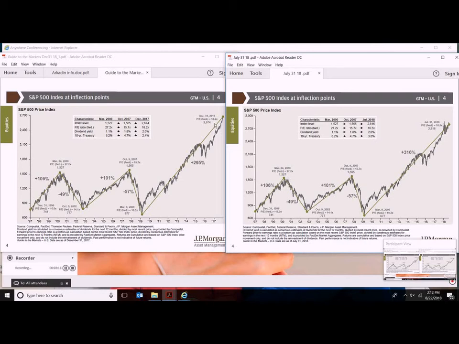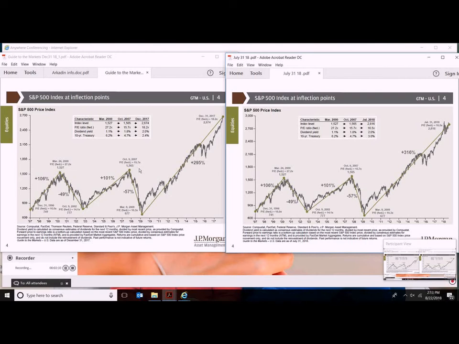So here on the left, December 31st, 2017, the S&P 500, the 500 largest companies in America, had a PE ratio, price divided by earnings, of 18.2. What does that really mean? Well, we have to go back and look historically.